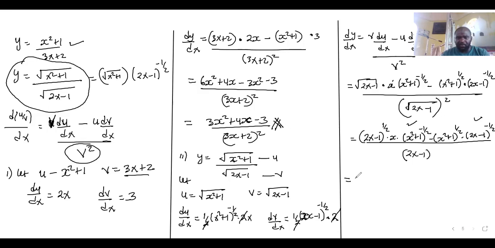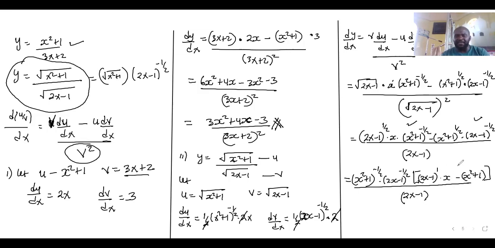When they go out, you remain with (x squared plus 1) to the power negative a half times (2x minus 1) to the power negative a half, into brackets (2x minus 1) to the power 1 times the x, which has not been affected, minus (x squared plus 1), all divided by 2x minus 1.